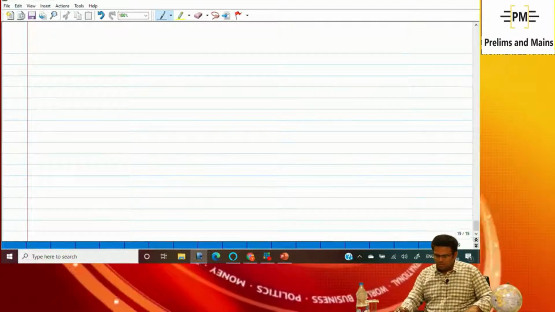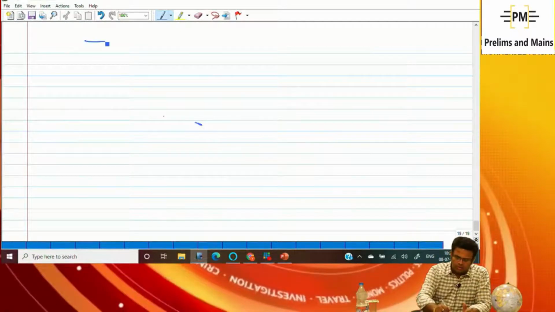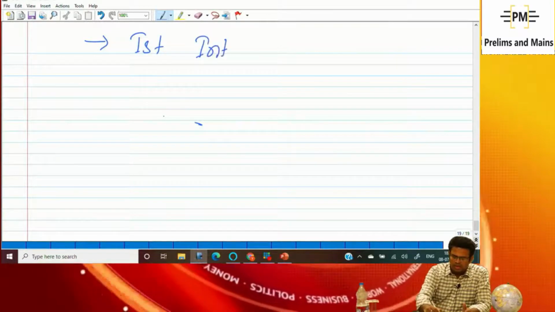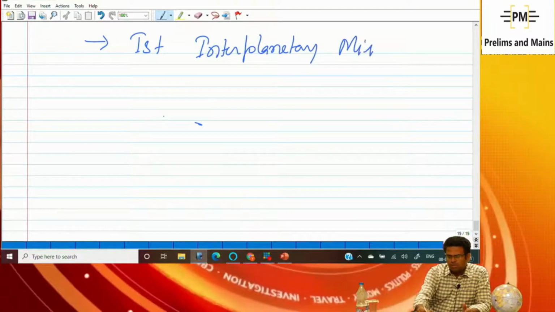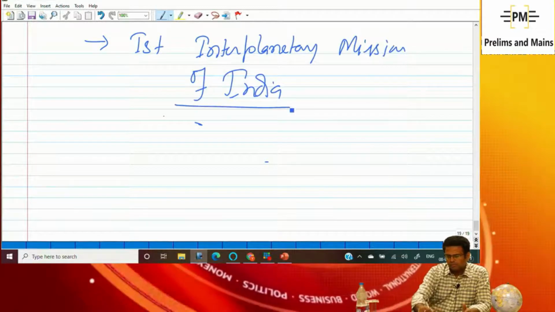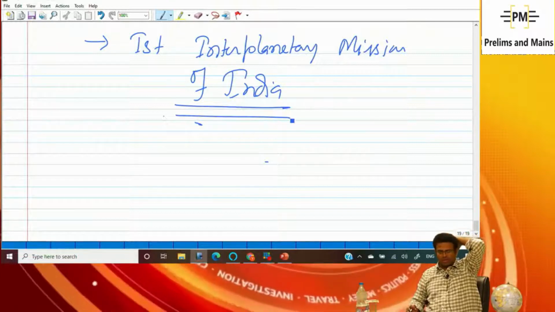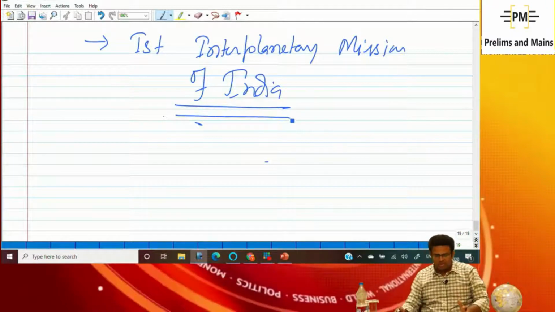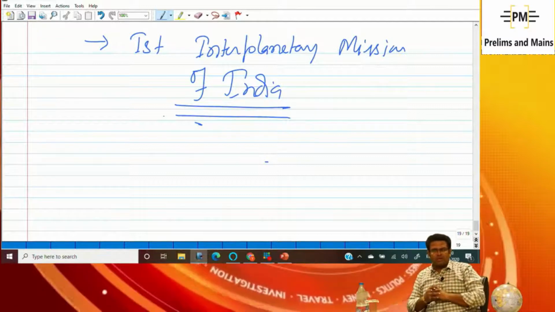Now my next point is that Mangalyaan is the first interplanetary mission of India.